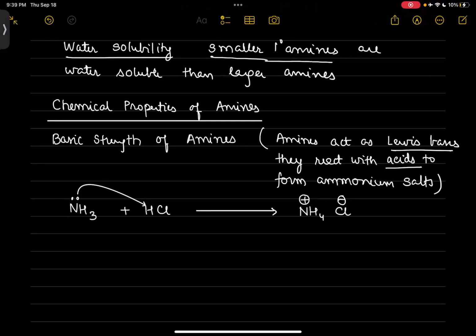Suppose you react with H2SO4, what is going to be the equation for it?